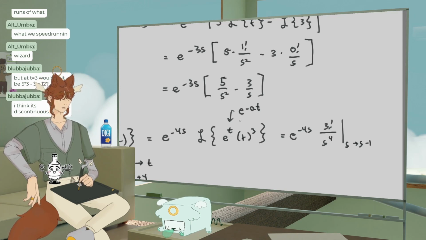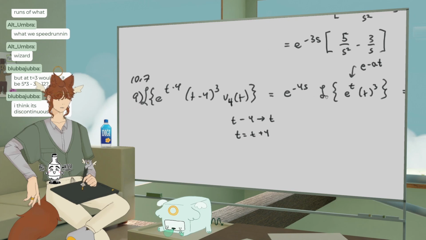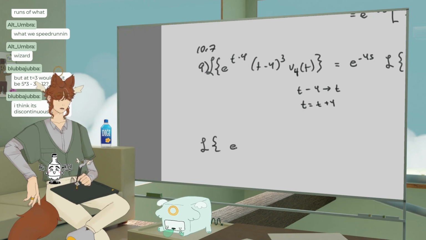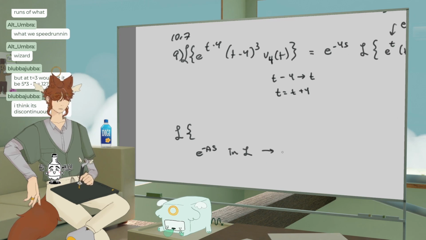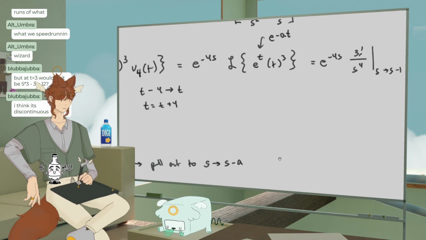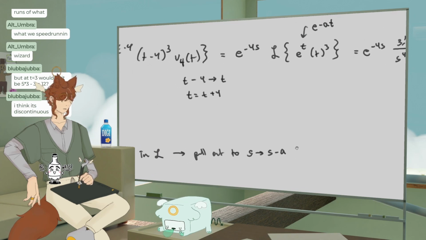So if we see an e to the at in a Laplace, that's going to go, we pull that out, and s turns to s minus a. We don't do anything other than that.